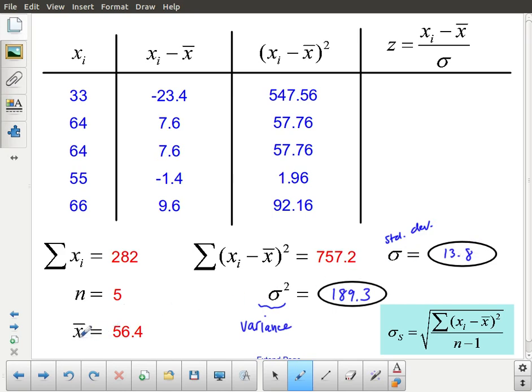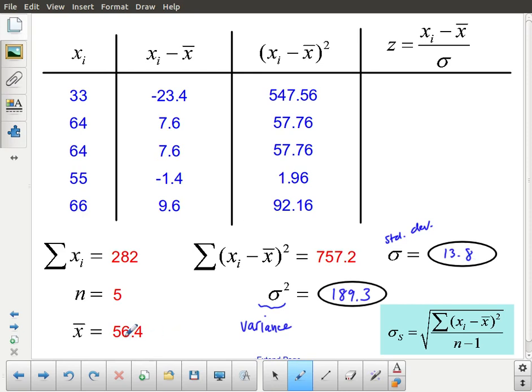I've calculated my mean. So what this is saying is that the data, now it's not a very big data set, those 5 data items are centered around 56.4, with a standard deviation of 13.8.